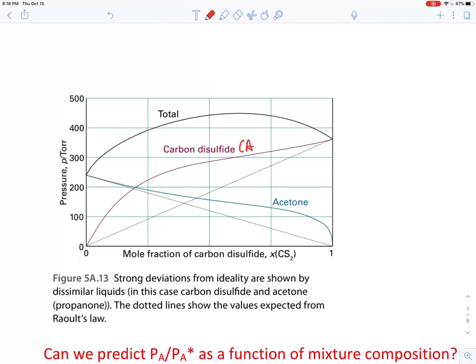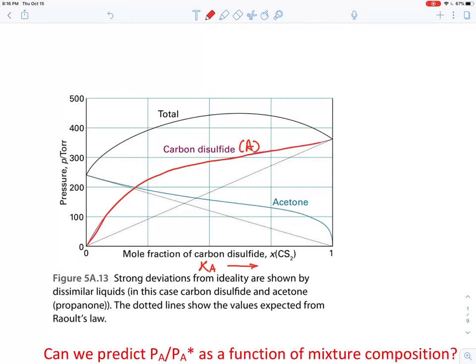So let's just focus on the carbon disulfide. Let's say that's A. And this is the mole fraction of A, carbon disulfide, increasing from 0 to 1. And this is a curve that was provided here.